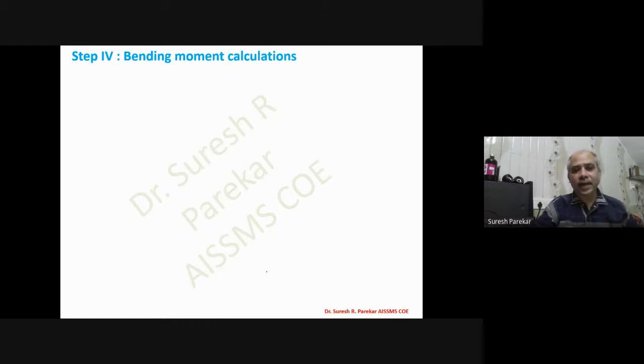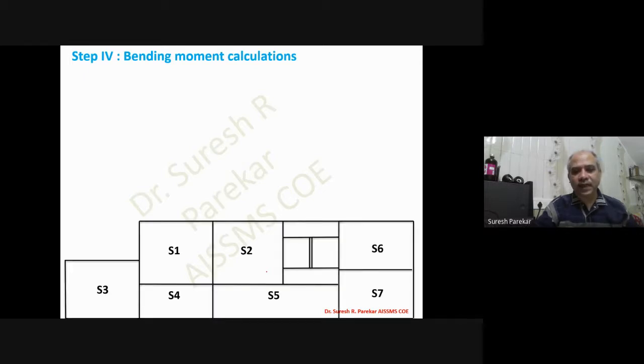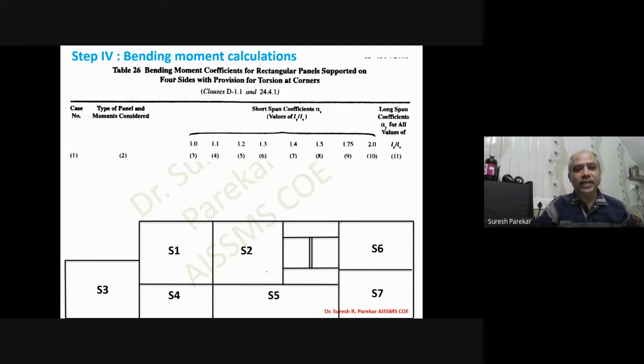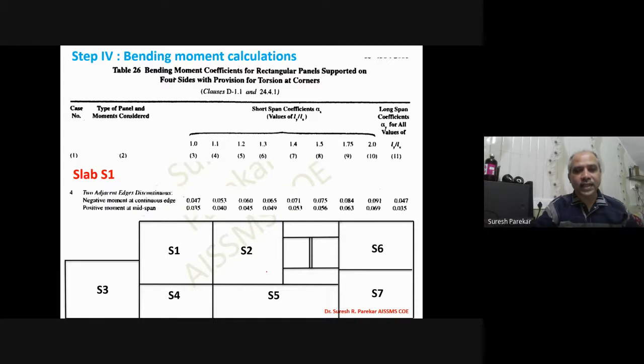Then bending moment calculation. So this part also we have seen. We have to go for S1. So we have slab S1, and there we have the condition that is two adjacent edges discontinuous. And then we are going to take the coefficients from table number 26, which is for your two-way slab.